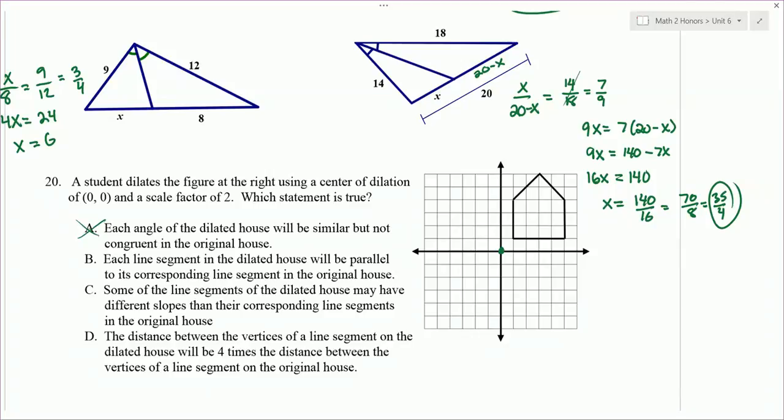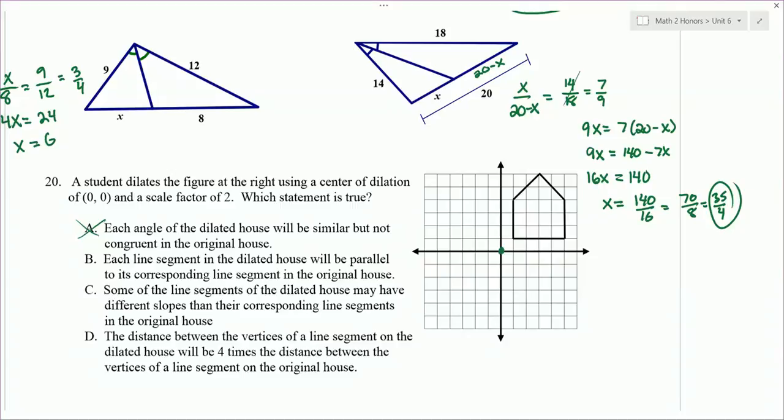C, some of the line segments of the dilated house may have different slopes than their corresponding. So you see how B and C are different. One's parallel, one's different slopes. So you can't go with one, not the other, without rejecting the other. And then D, the distance between the vertices of a line segment on the dilated house will be 4 times the distance between the vertices of the line segment of the original house.